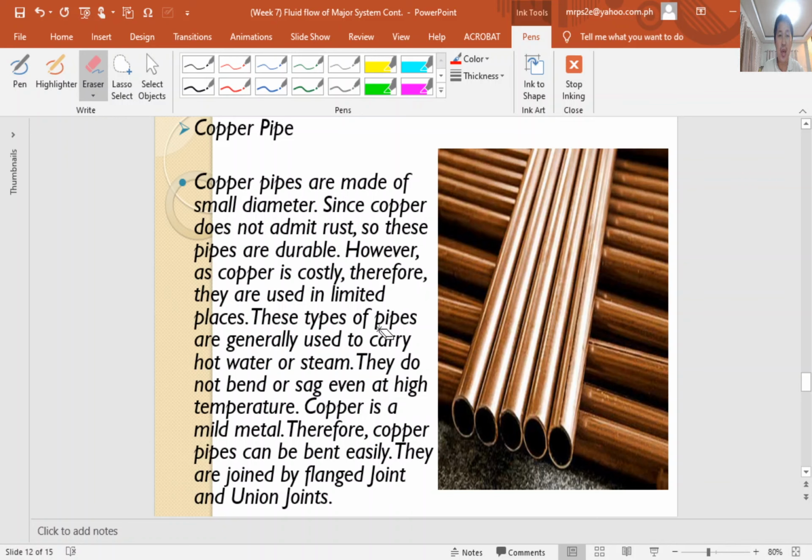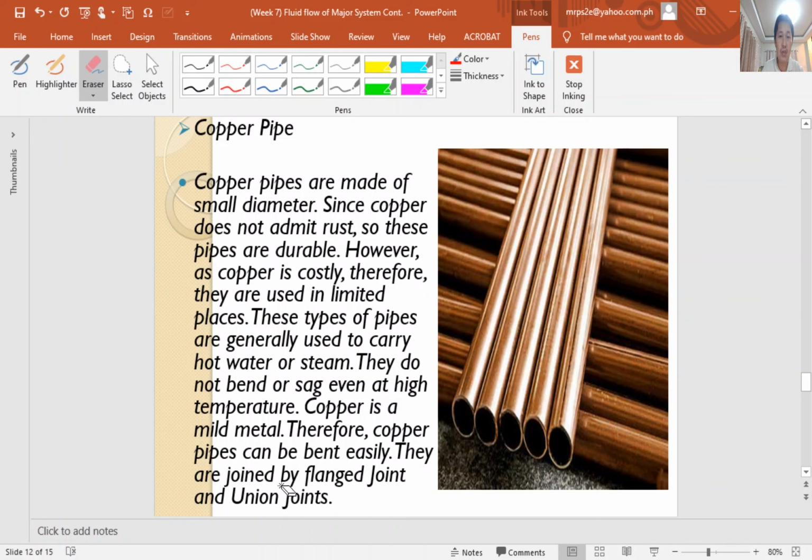These types of pipes are generally used to carry hot water or steam. They do not bend or sag even at high temperature. Copper is a mild or soft metal. Therefore, copper pipes can be bent easily.